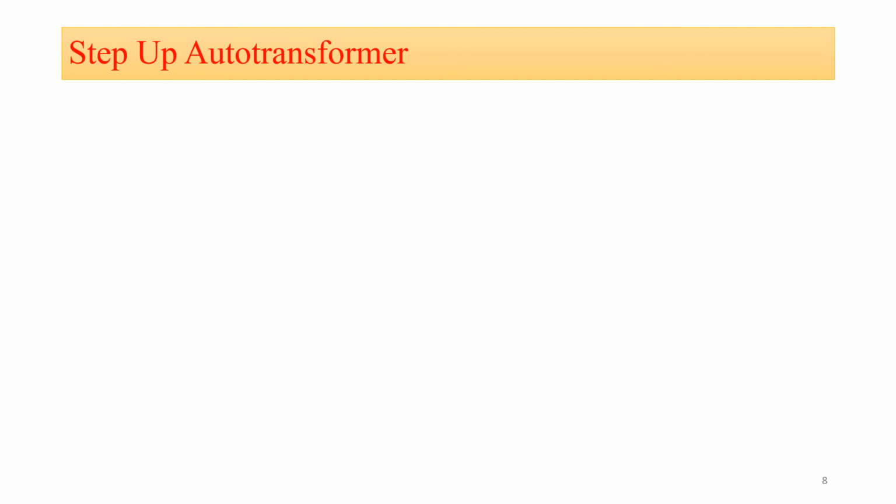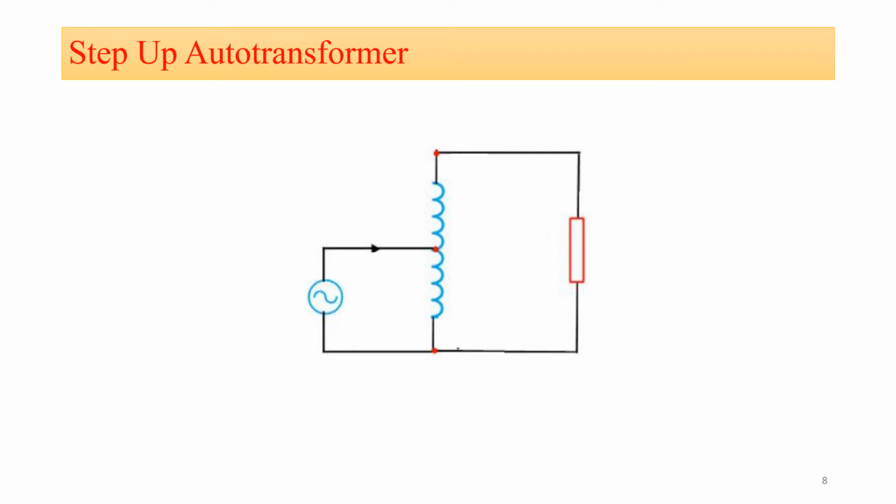Now let's see the working of the next type of auto transformer, that is the step up auto transformer. To understand the working of the step up auto transformer, only one winding is used. V1 is the single phase AC supply voltage and V2 is our output voltage or the load voltage.